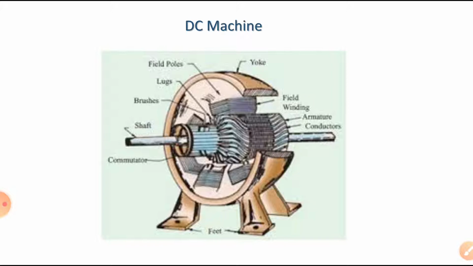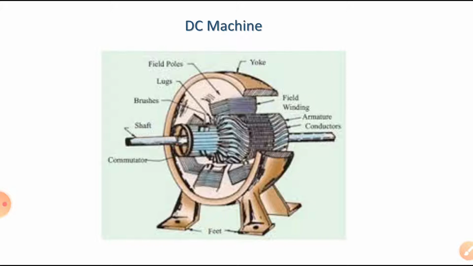In the armature we distributed full pitched coils as per our requirement based on the number of poles. We have already drawn single layer and double layer lap winding and wave winding.